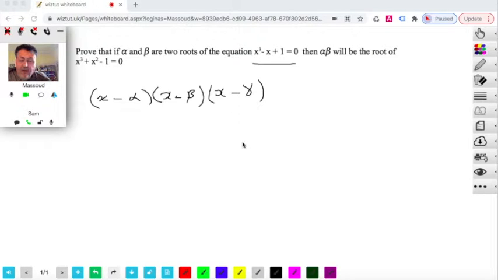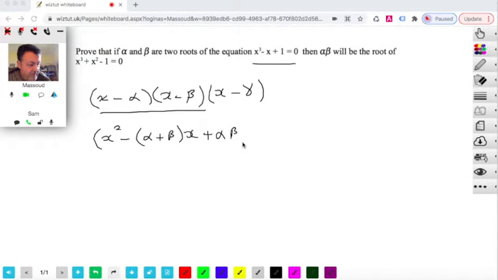If I expand this, I'm absolutely certain that you can expand this easily. So I'm going to multiply these two brackets, and I would get x squared minus (alpha plus beta)x plus alpha beta, and then this has to be still multiplied into x minus lambda.